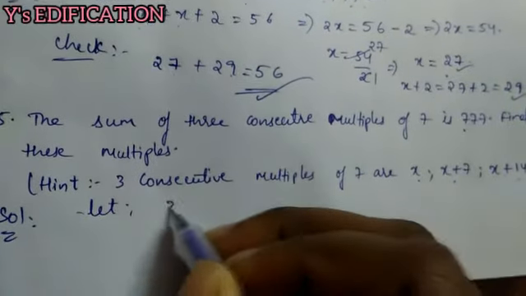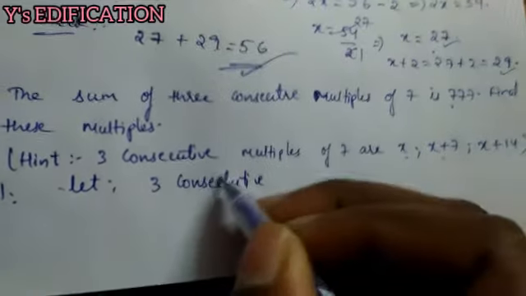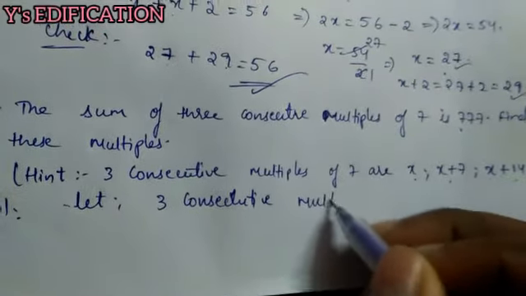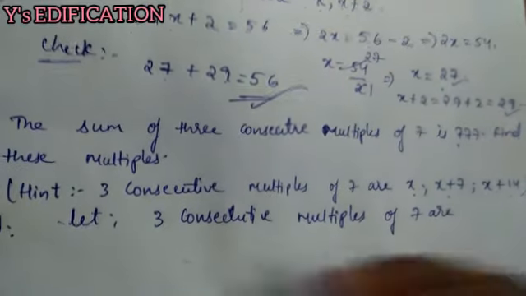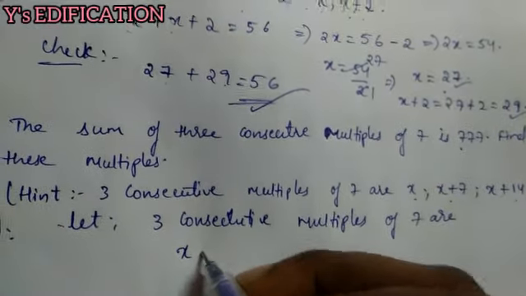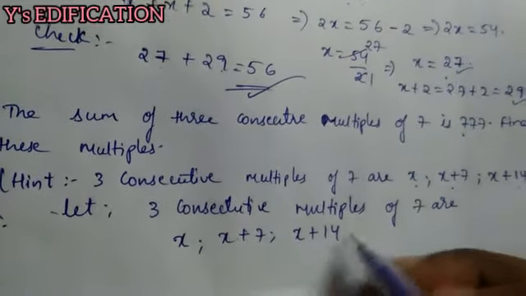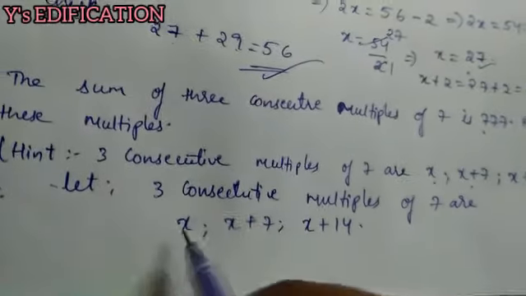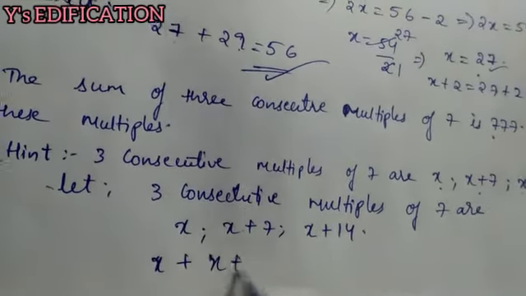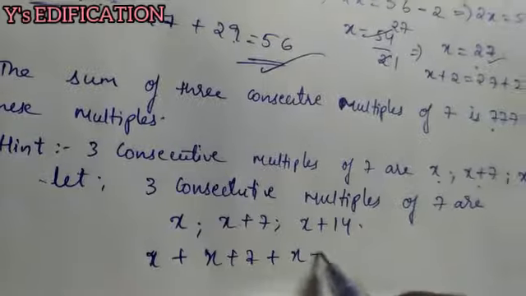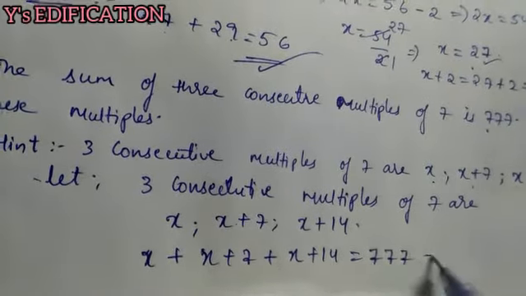Let three consecutive multiples of 7 be x, x plus 7 and x plus 14. When we add all these three numbers, that means x plus x plus 7 plus x plus 14, we will get 777.